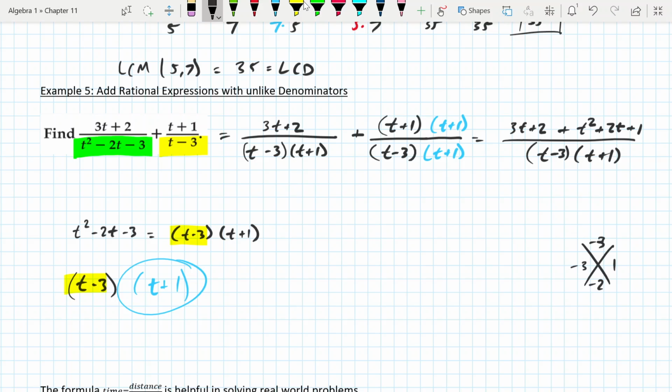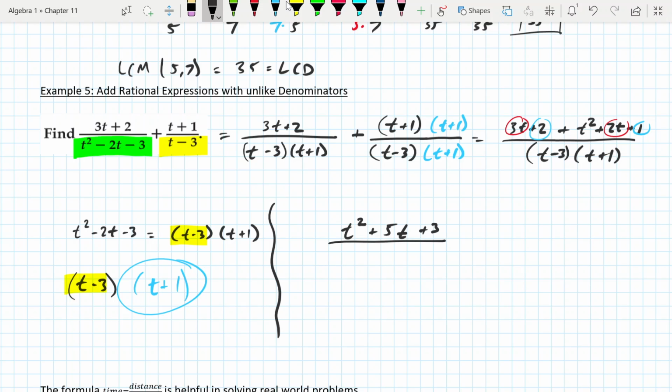Now I can combine like terms, and you'll notice I have a 3t I can add to a 2t there, and a 2 and a 1 I can add together. And I have t squared plus 5t plus 3 all over t minus 3, t plus 1.